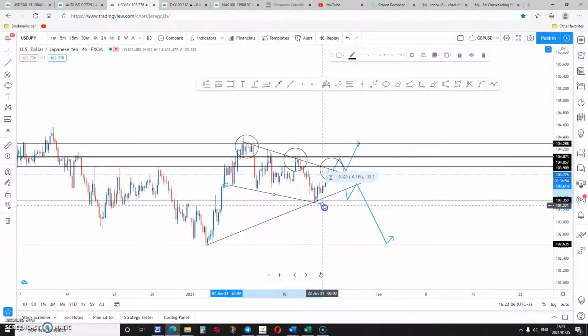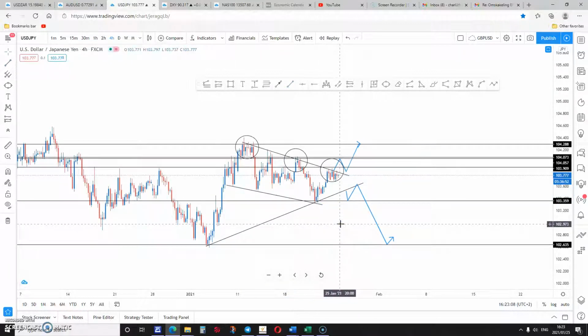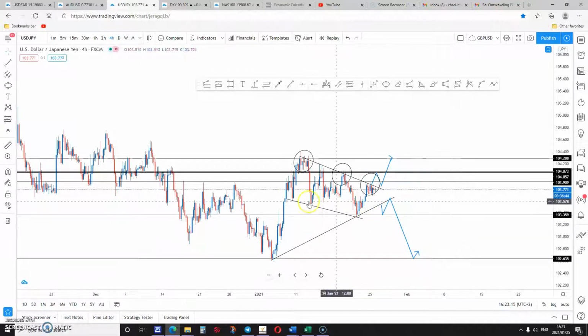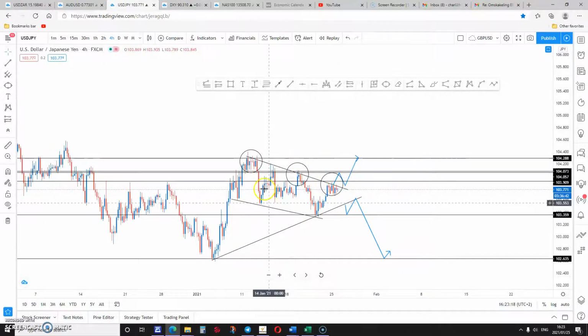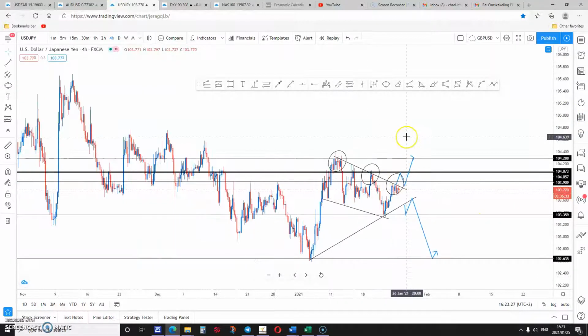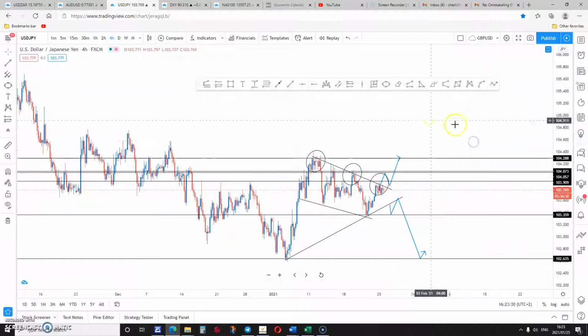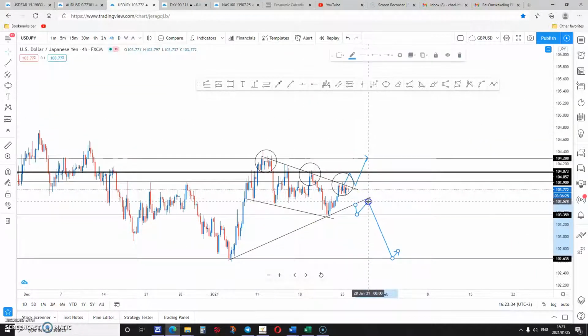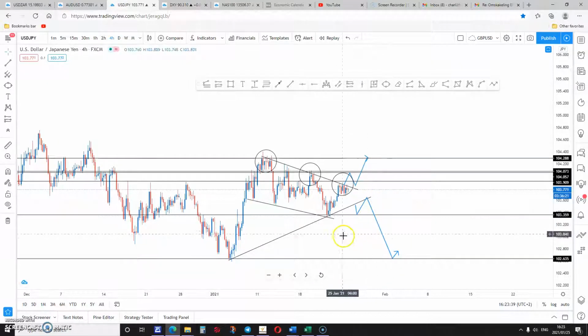You can also say a bit of a channel or a flag. And yeah, so usually if it's a bit of a strong bullish momentum, depending on the direction of the higher time frame, we could see a possible breakout to the top. But like I said, try and always look at 2 possible scenarios for the pair to move in.